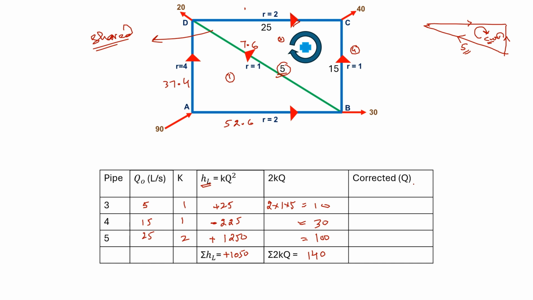So we need corrected Q. So this is minus summation of HL divided by summation of 2KQ. It is 1050 divided by 140. And delta Q is equal to minus 7.5.